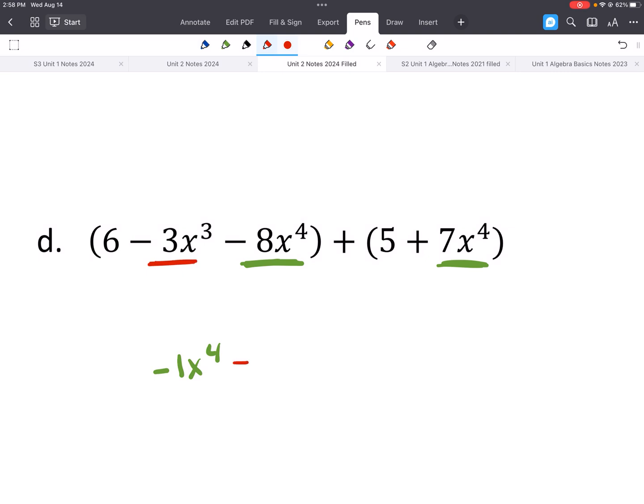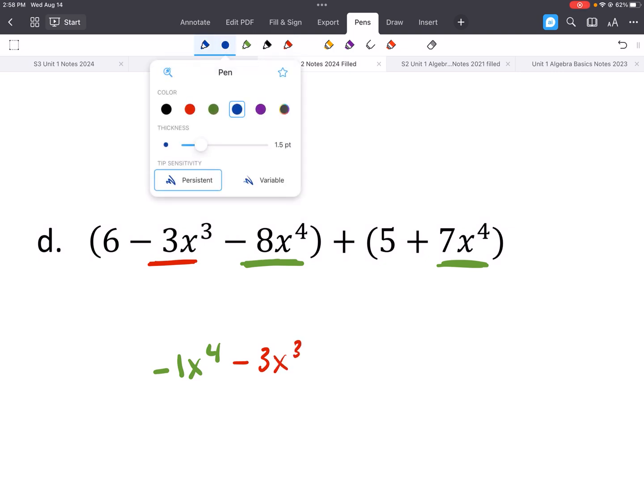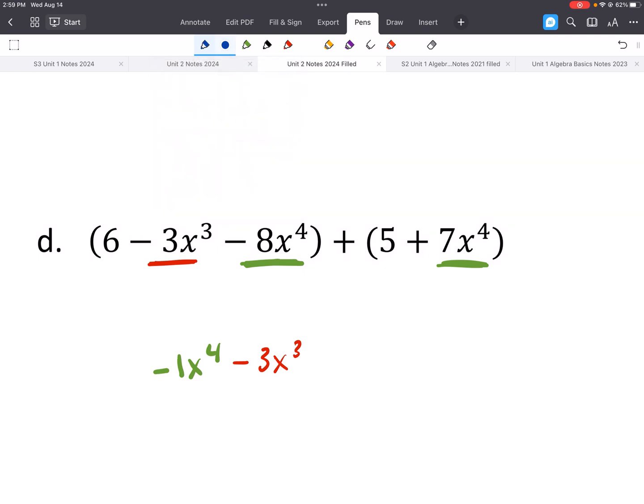There's no other x to the third, so we'll just have negative 3x to the third. There's no x squareds. There's no terms with x's. So we just add the constants. So 6 plus 5 gives us 11.